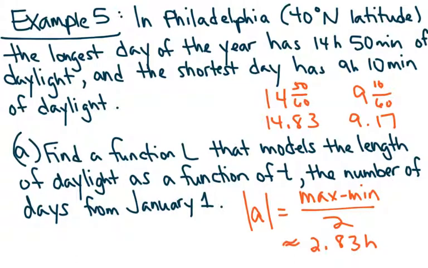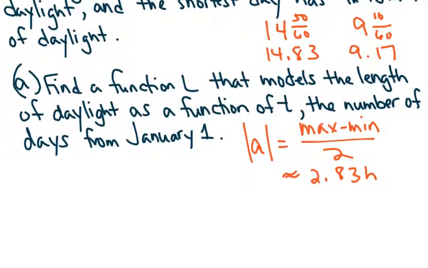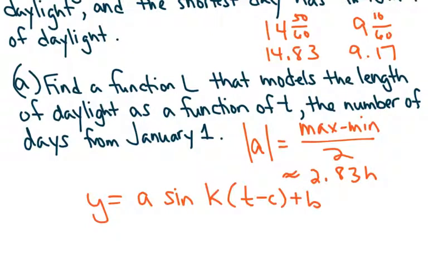That means that the number of hours of daylight vary 2.83 hours more than 12 and 2.83 hours less than 12. All right, now let's go find our k or omega, depending on which equation you want to use. So y is equal to a sine, I like to use k, t minus c plus b.